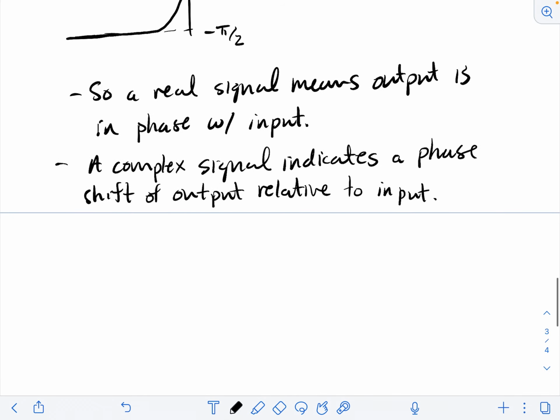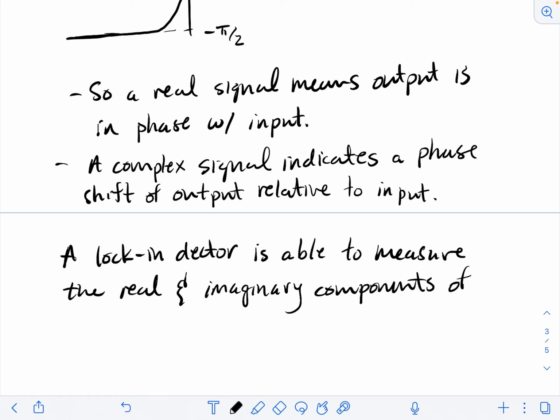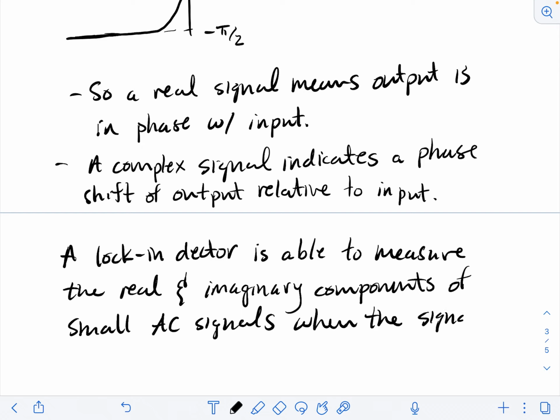A lock-in detector is able to measure the real and imaginary components of small AC signals when the signal frequency is known.